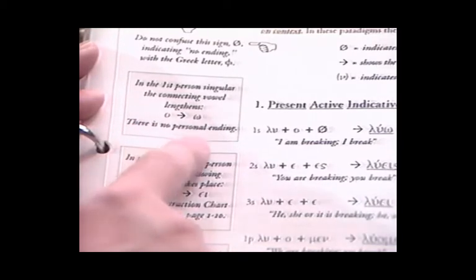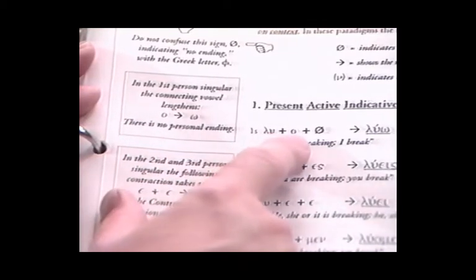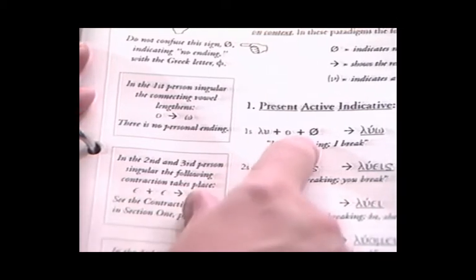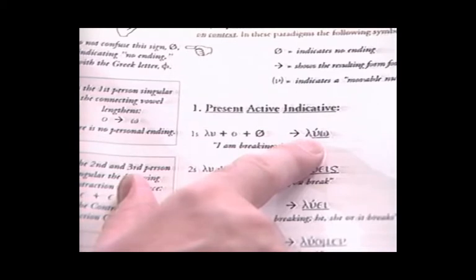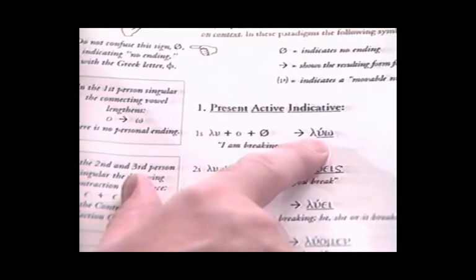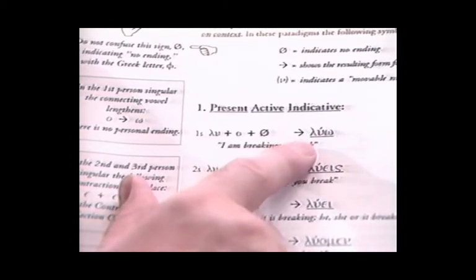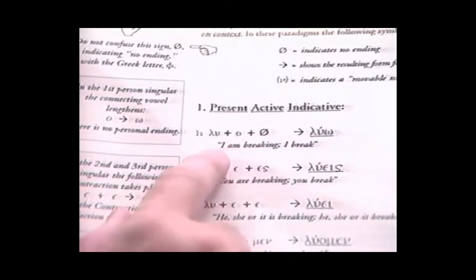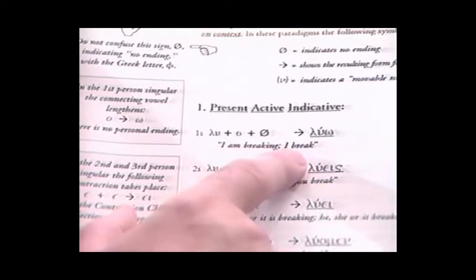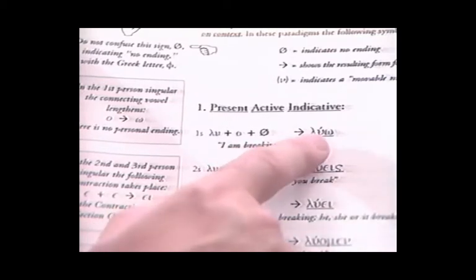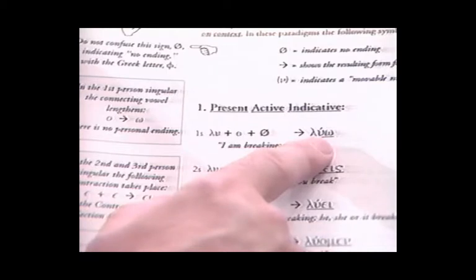Technically, there is no personal ending added here. But we've come to think of that omega on the end of this verb as the first singular ending. So when you see the verb luo, we will translate that I am breaking, or I break. The I is indicated by that omega on the end of the verb.